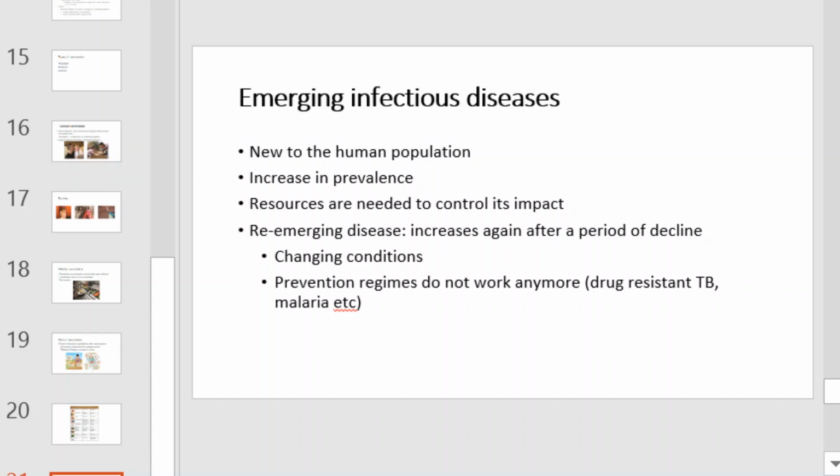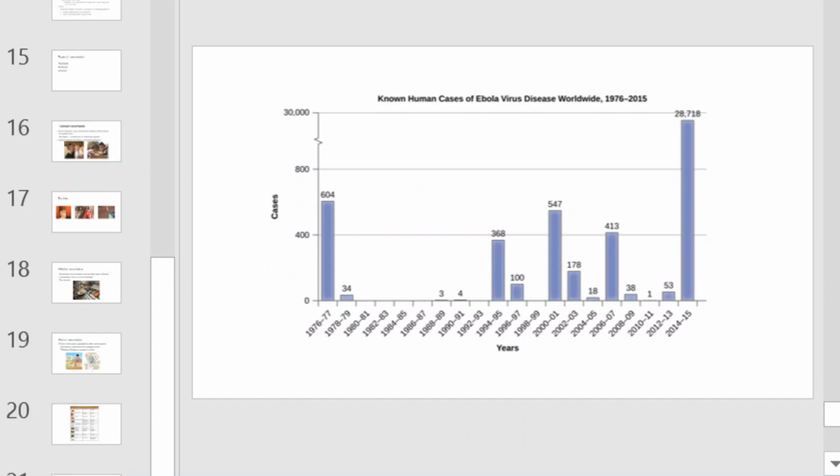Prevention regimes do not normally work anymore against re-emerging diseases. These diseases may be drug-resistant, such as tuberculosis or malaria. This is a graph illustrating emerging and re-emerging diseases such as Ebola.